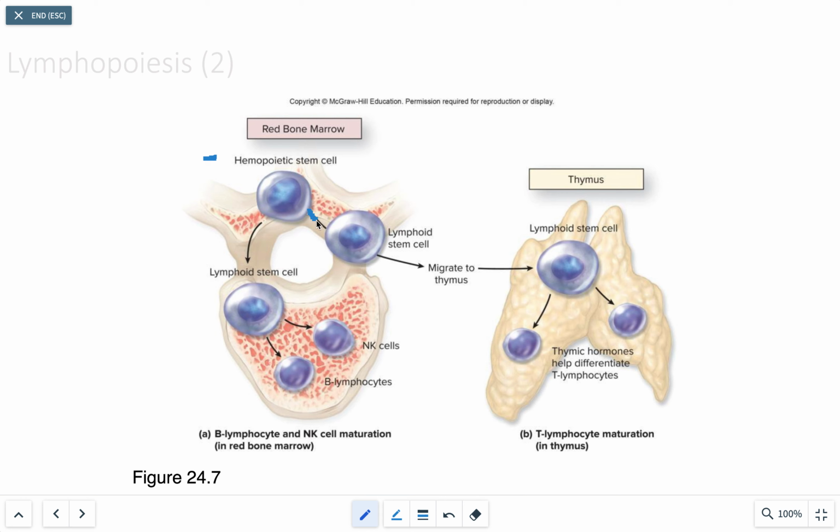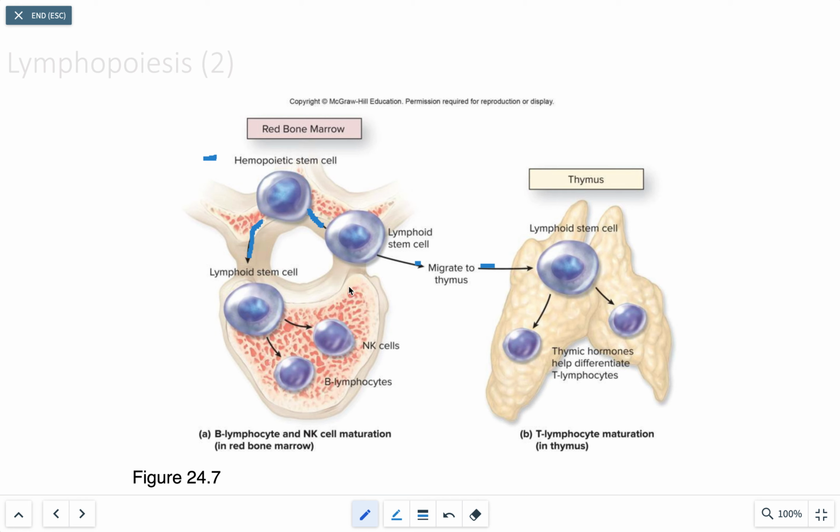From this division, we can see migration to other organs for maturation, such as the thymus, or it can stay in the red bone marrow, divide into a lymphoid stem cell, and then divide and mature into a natural killer cell or a B lymphocyte. All of these eventually will travel into the blood and enter some form of a lymphatic structure, such as the thymus, the spleen, the lymph nodes.